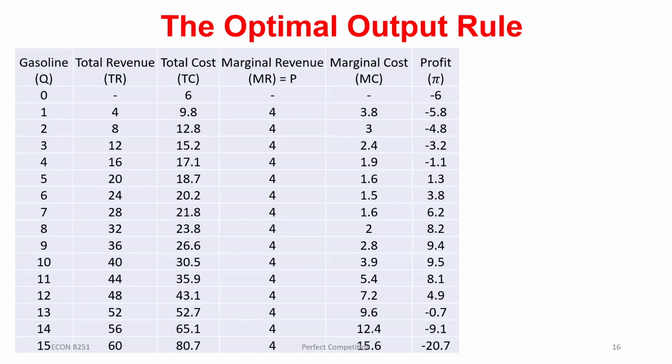So if I didn't have the total revenue and total costs, and I couldn't see this profit column, I would choose the optimal quantity where the last unit, the last unit where the marginal revenue was greater than or equal to the marginal cost, would be here at a quantity of 10. Because if I went to a quantity of 11, now my marginal costs are greater than my marginal revenues.